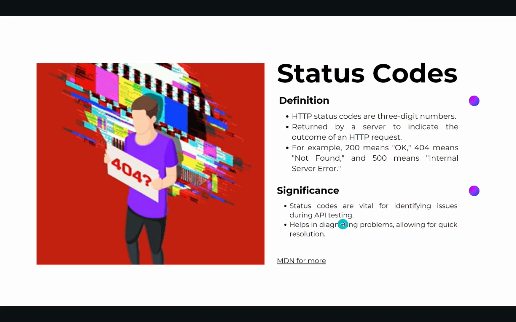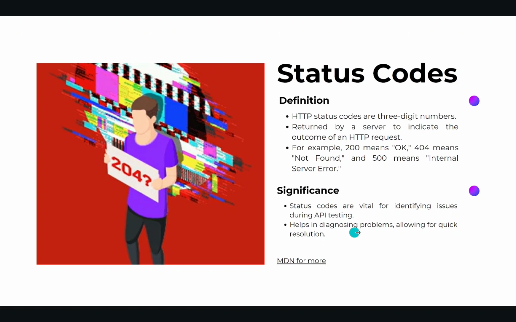So if we are testing an API, we can study the status code and we can right off the bat say this was a successful request, or we can say this was an unsuccessful request, right? So status codes help us to identify the types of response and whether it was resolved properly or it ran into an error. All right.